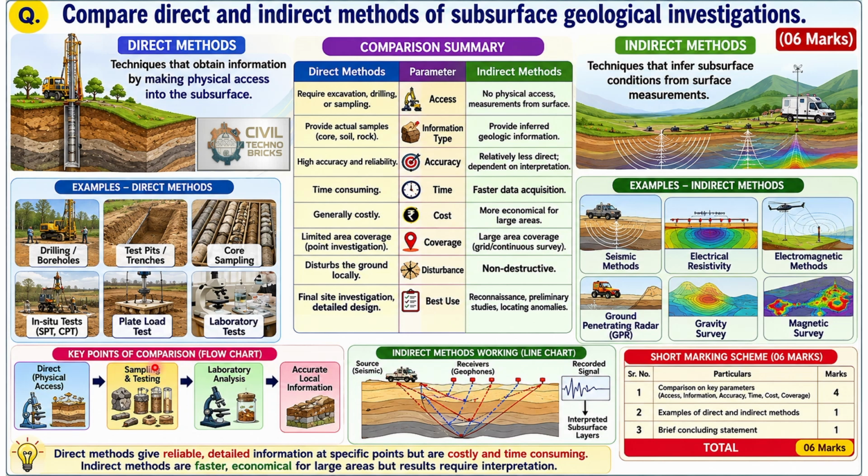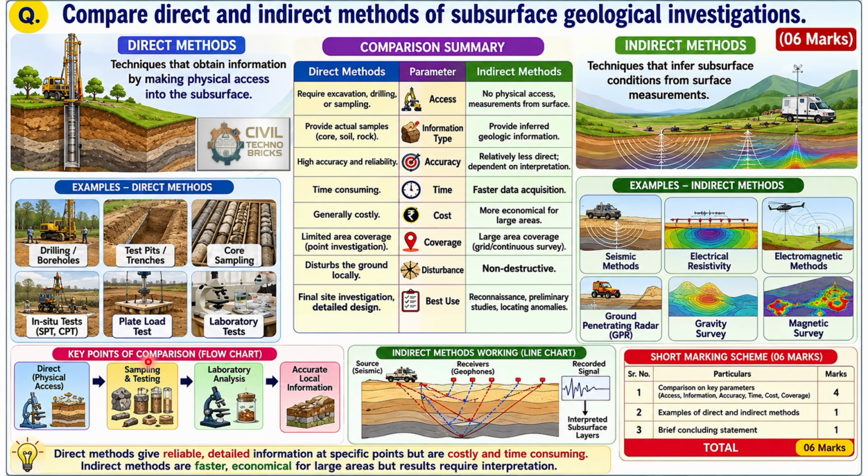Now, the key points of comparison from the process or flowchart point of view: direct means physical access, then sampling and testing, then laboratory analysis, followed by accurate local information. If we are planning to get a sample, we have to go physically and collect it, with appropriate size, shape and requirement for testing.